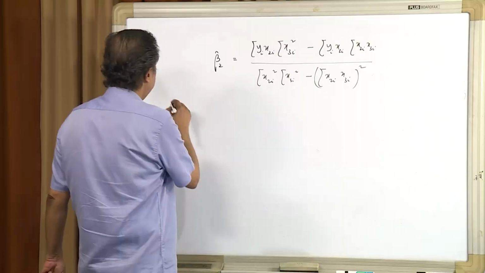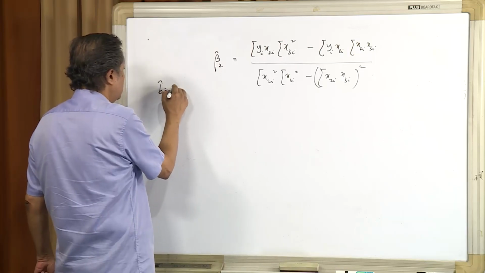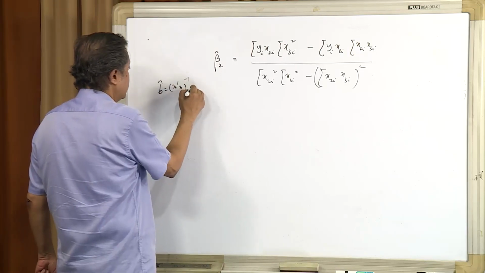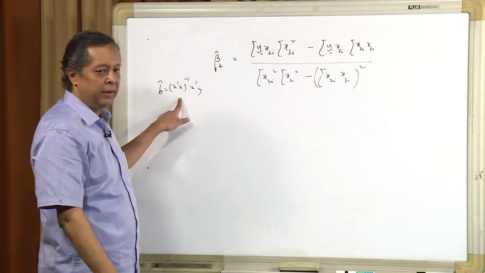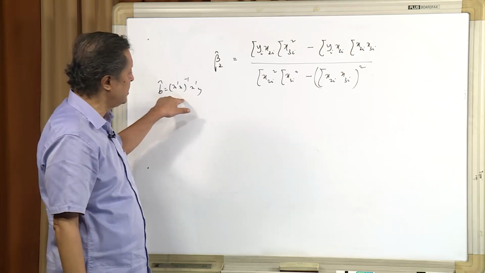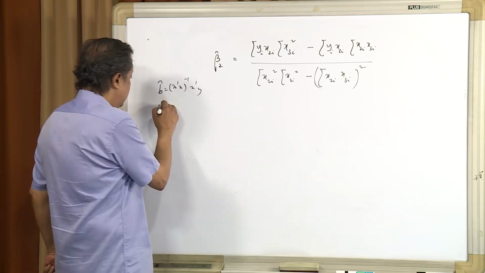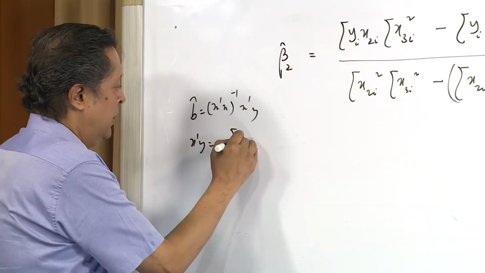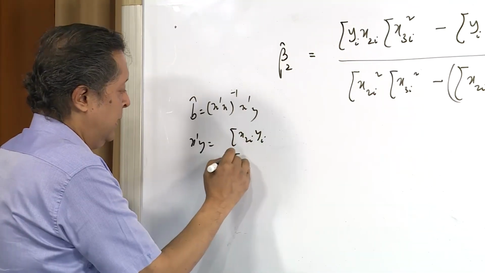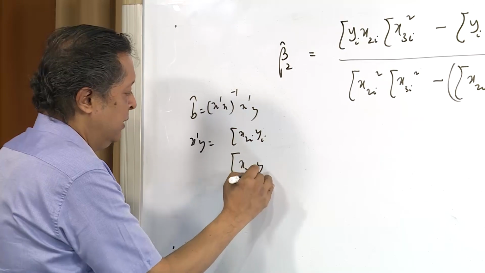That follows from b hat equal to x prime x inverse x prime y. X prime x inverse matrix has already been discussed. X prime y is nothing but summation x2i yi and summation x3i yi.